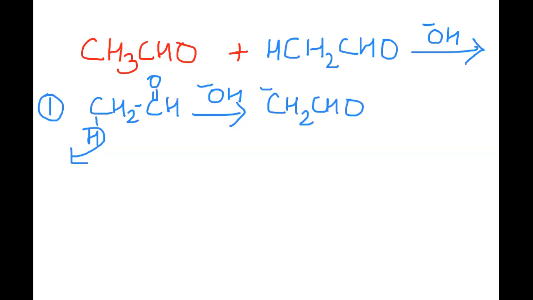So now what happens in the case of CH3CHO? You have a CH3 molecule, and you have C double bond O and an H. Now this is del positive and this is del negative, like we have just discussed. It is this CH2CHO negative ion which is going to attack this carbonyl carbon.